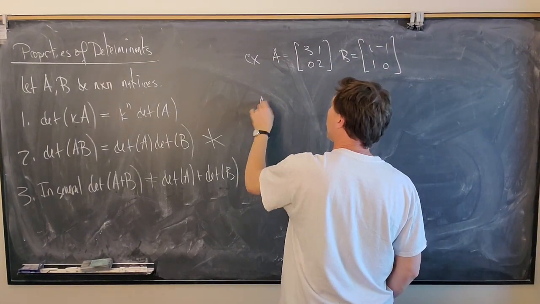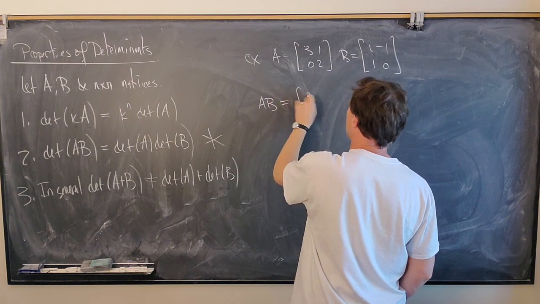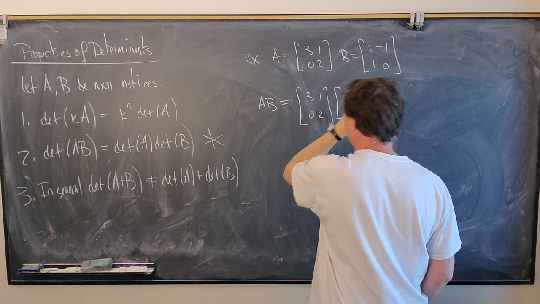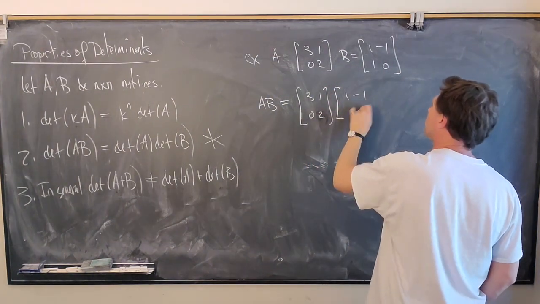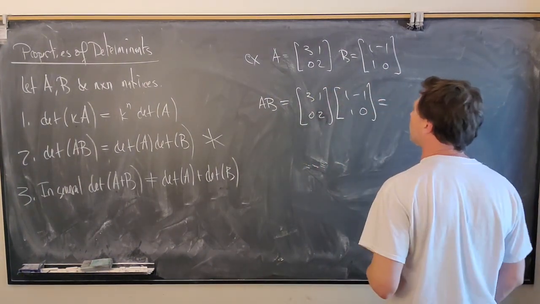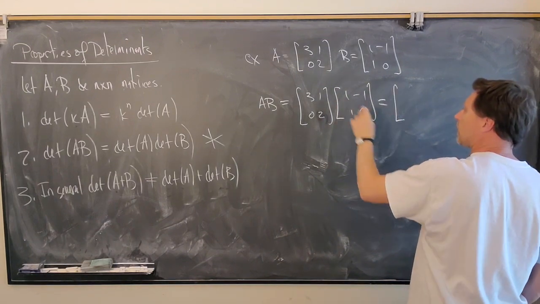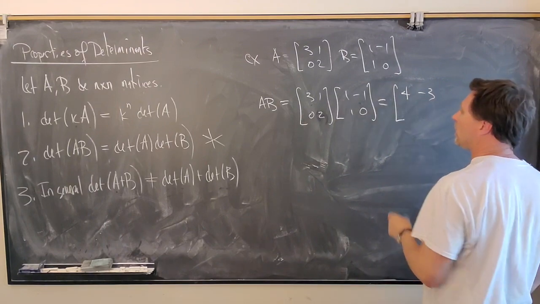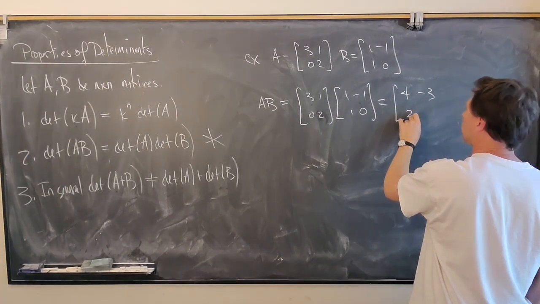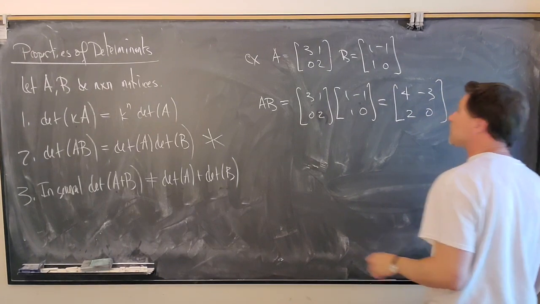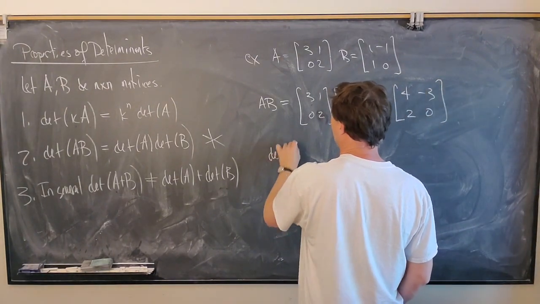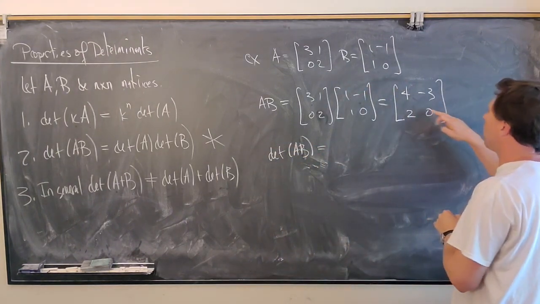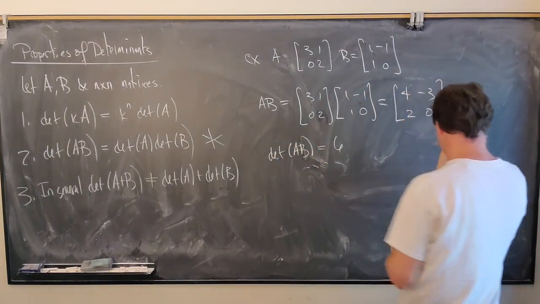If we multiply out AB, that's going to give us 4, negative 3, 2, and 0. So the determinant of AB is going to be 0 minus negative 6, so we get a positive 6.